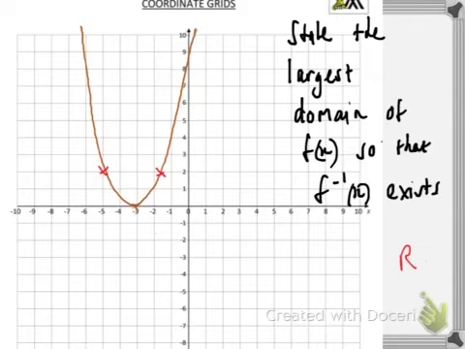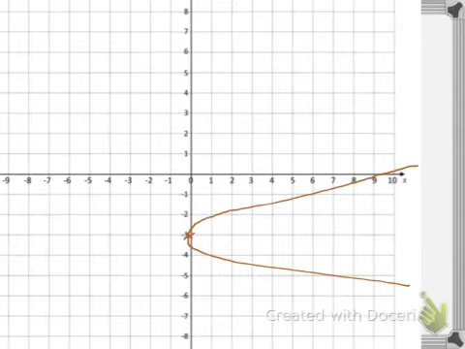There's two ways in which I can create a function for the inverse, and I might start with the actual inverse. So what I'm going to do is rub out half of this. If I do that, I actually end up with a function.